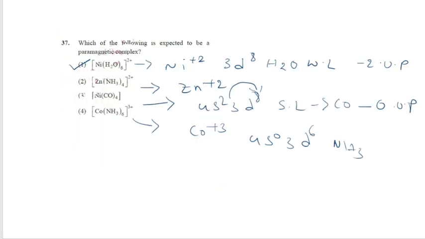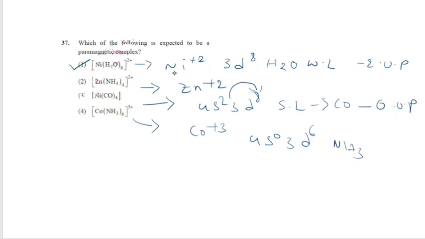Next one is from the coordination compounds. Which of the following is expected to be a paramagnetic complex? We know that if the central metal ion has unpaired electrons, then it is a paramagnetic complex. If it does not have any unpaired electrons, it is diamagnetic in nature. Let's have a look at the central metal ions in each case.